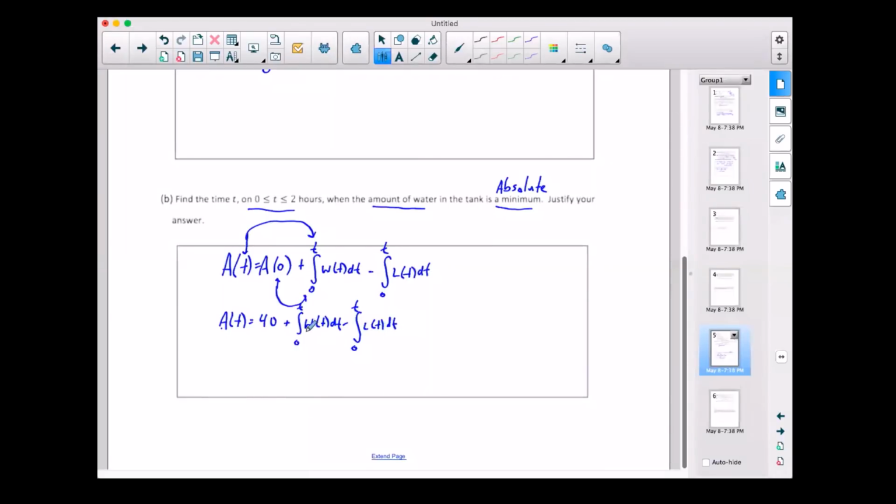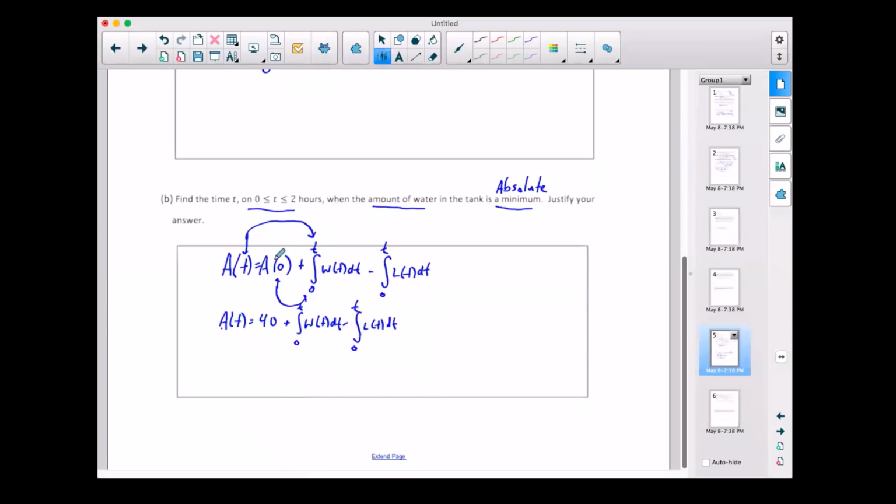Maybe you put these two as one integral and that would be totally fine. I like to separate the rate in from the rate out, and the reason why is because of that banana problem on 2017. After that problem, I've always just separated these two things as separate problems.